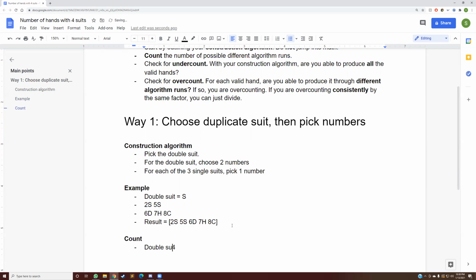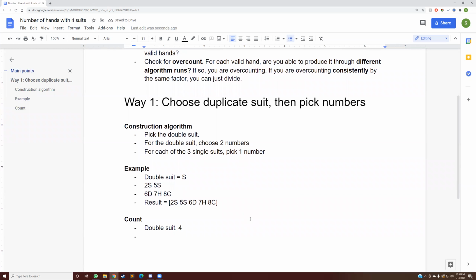And then for this double suit, choose 2 numbers. It's 13 times 12. Be careful. We want to choose 2 numbers, not necessarily in order. 13 times 12 divided by 2. Yes. Or 13 choose 2.